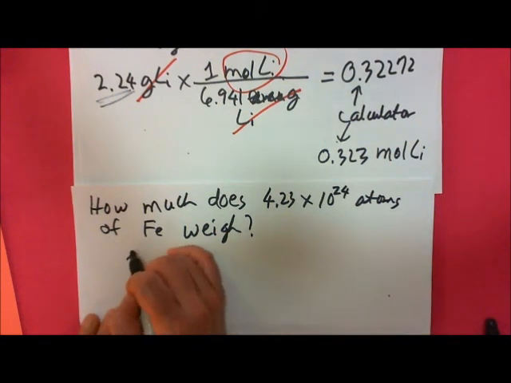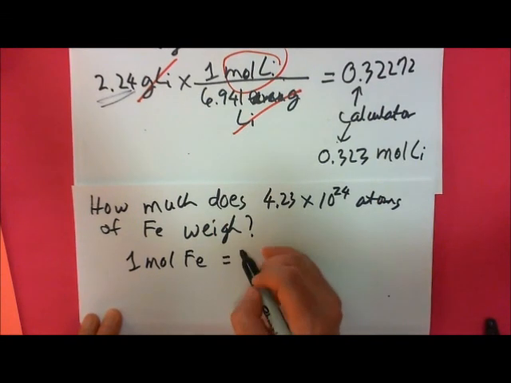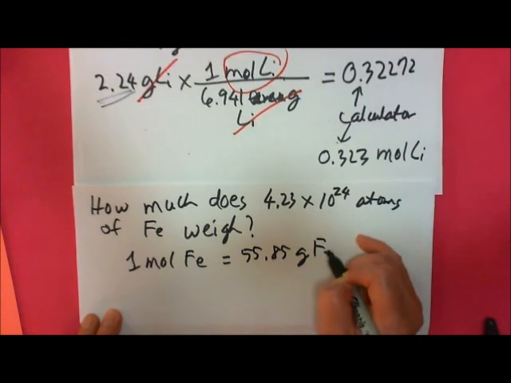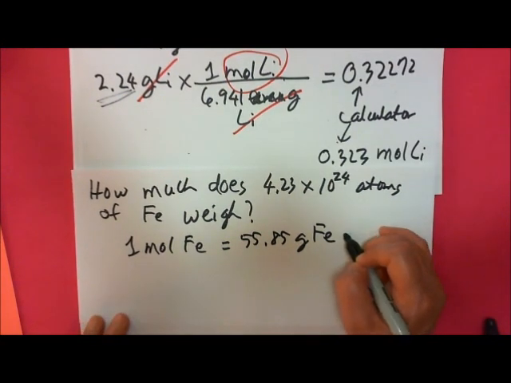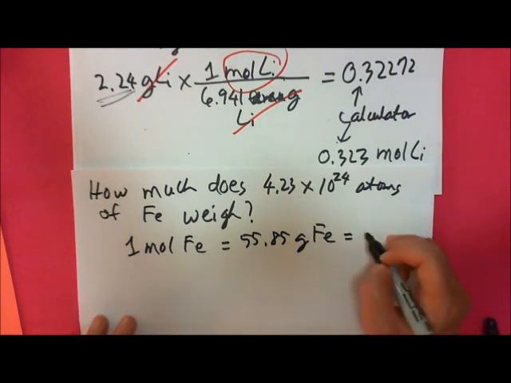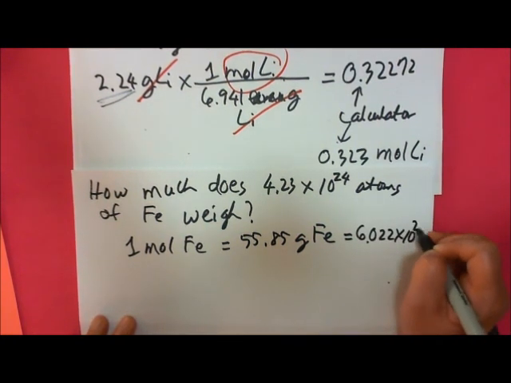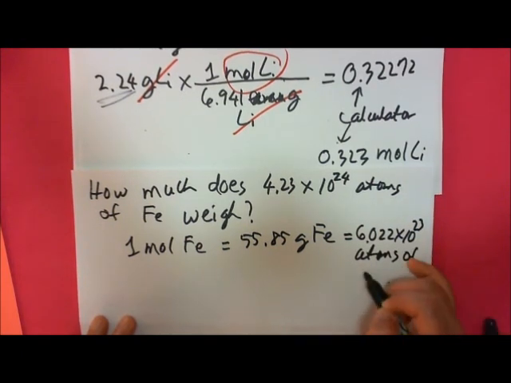So then I know 1 mole of iron is equal to 55.85 grams of iron. And then I also know that 1 mole of iron has 6.022 times 10 to the 23rd atoms of iron.